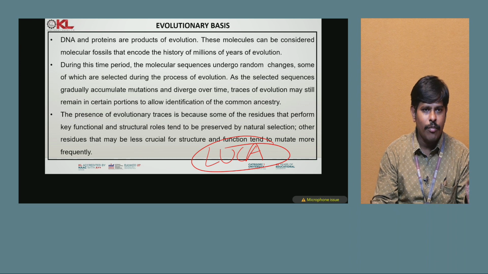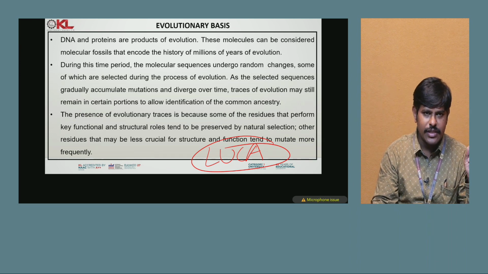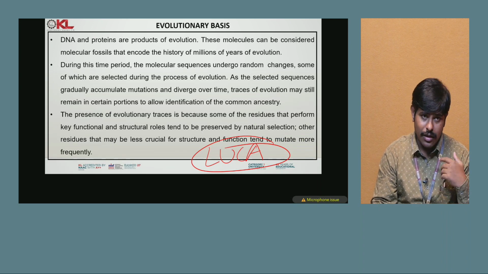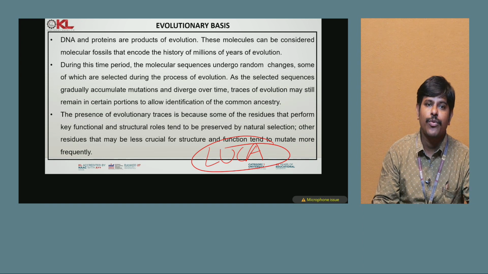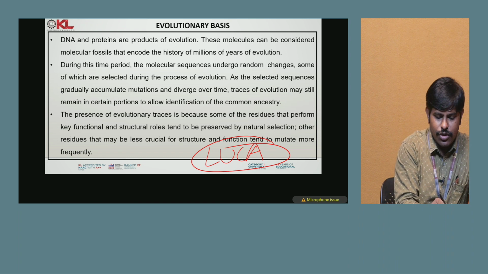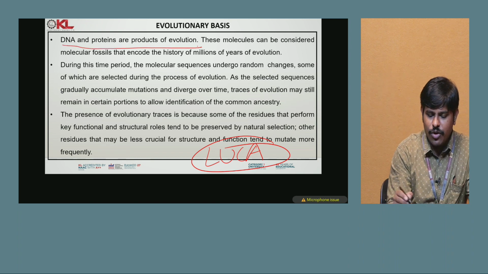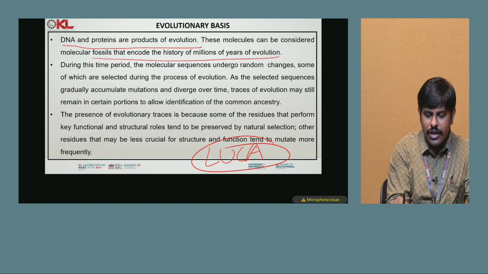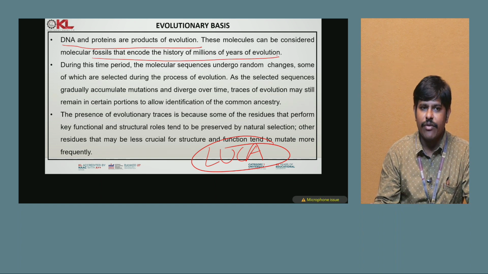The commonality between the primordial species, our ancestor, and a human being is that DNA and protein are present, and part of the DNA or part of the protein may still be similar after billions of years of evolution. So we can consider DNA and proteins as products of evolution, and also as fossils that have millions of years of evolutionary history.